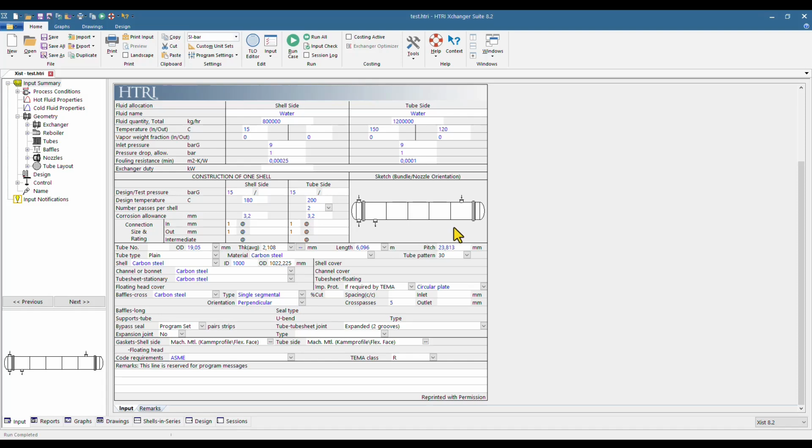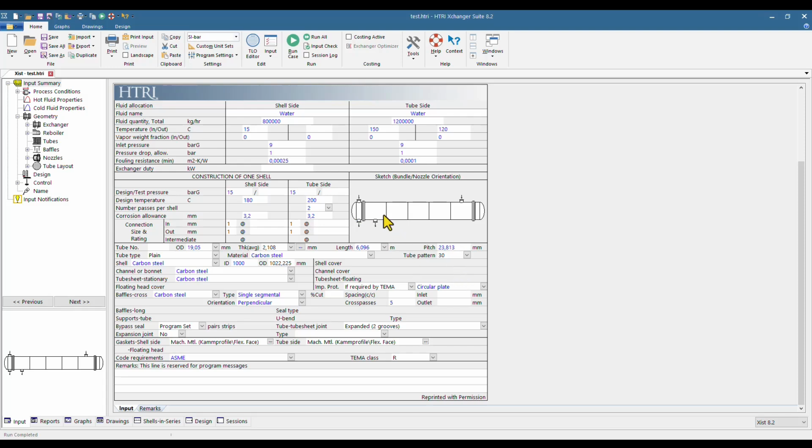So why has this decision been taken instead of specifying a baffle pitch? Because in any case the program makes some kind of calculation of this spacing. These spacings are in a certain way obliged by the need of having nozzles here and here.